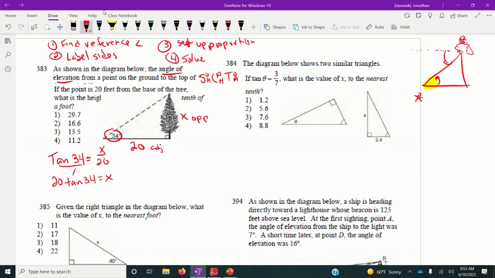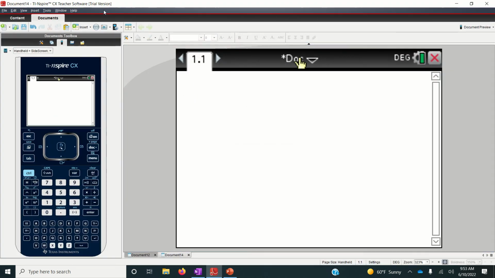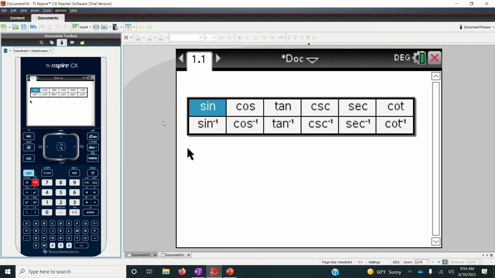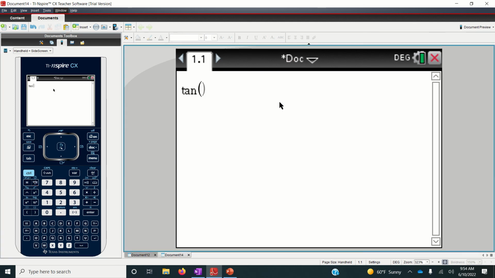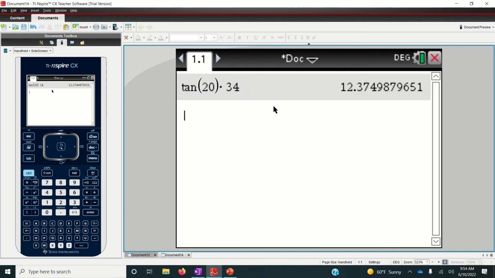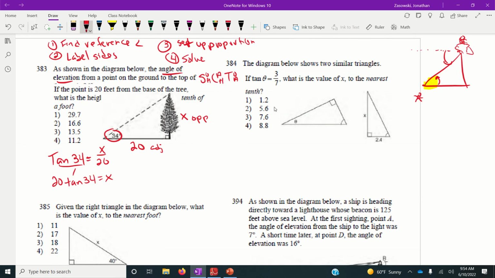And then I'm just going to use my calculator and multiply this out. So the trig button, remember, is right next to the number 7 here. We're going to do tangent of 20. We're always going to go outside the parentheses or in front, so you can do either one. And then we're going to do times 34. And we're going to round to whatever it says, and it says nearest tenth.